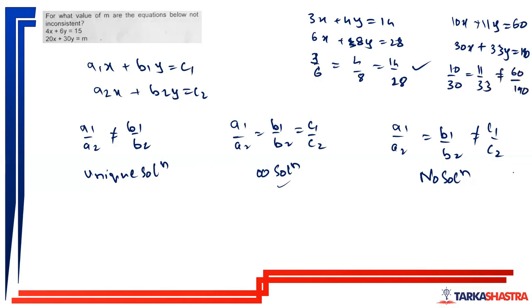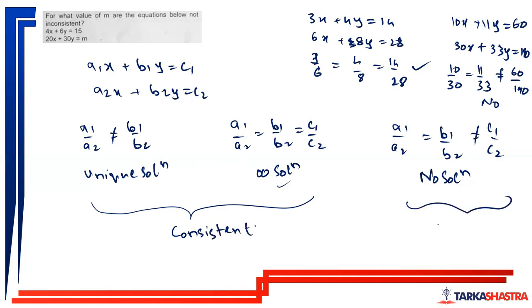And that is why in such cases you will get no solution. The cases in which you get at least one solution are known as consistent cases. The cases in which you get no solution are known as inconsistent cases. Keep this in mind.